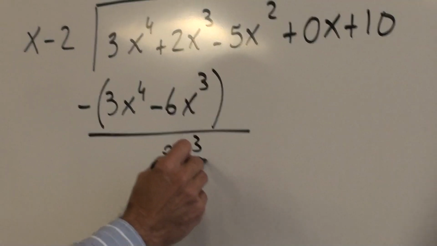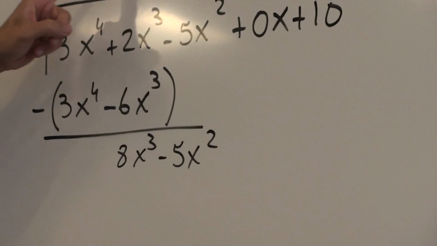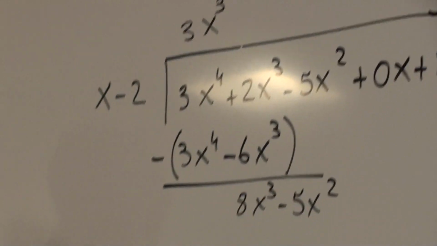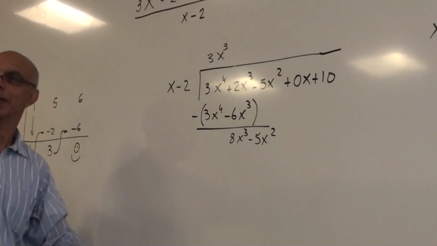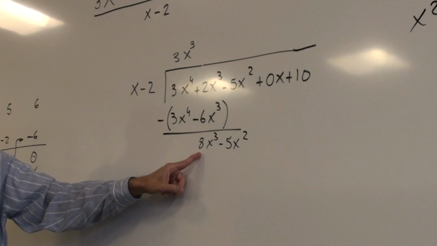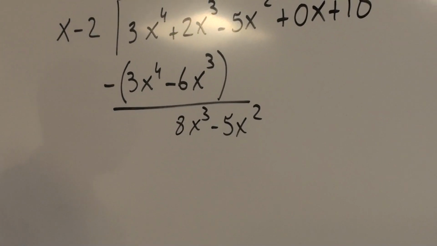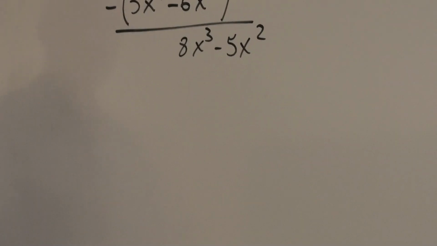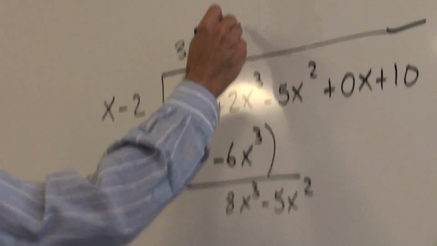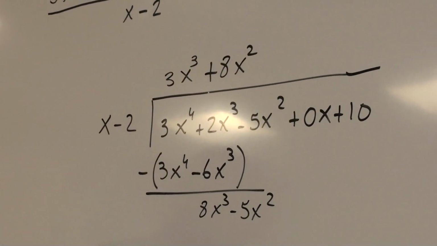Then I bring 5x squared. Now, what is the next one? What do you think? What's going to be the next term here, in order to get 8x cubed? 8x squared, exactly. Positive, this is positive, so 8x squared. Why?